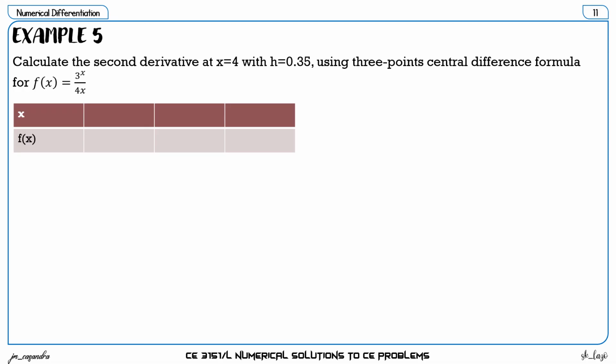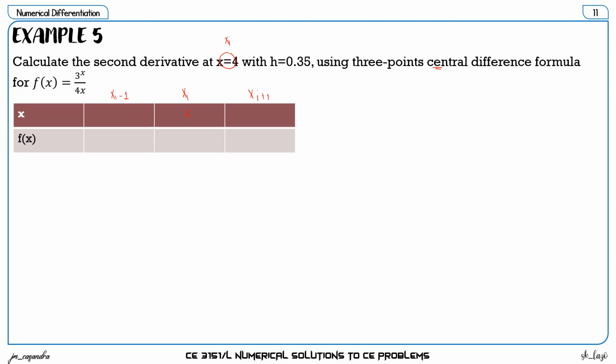Since we're using the central difference formula, x equal to 4 is your x sub i, and we need x sub i plus 1 and x sub i minus 1.